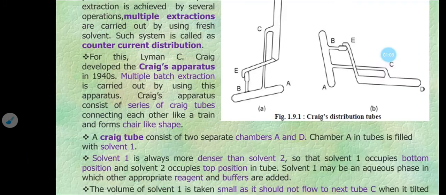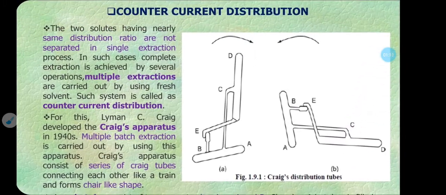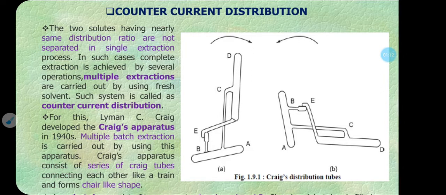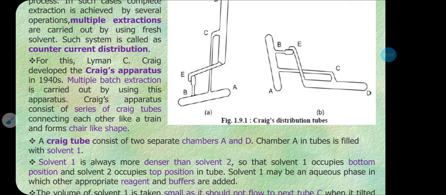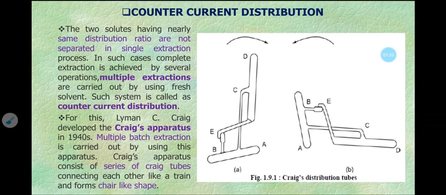That means there will be two solvents in contact with each other multiple times, and distribution is taking place between the aqueous and organic layer. So this multiple batch extraction can be carried out by the apparatus called Craig's distribution apparatus. So let us see in detail.